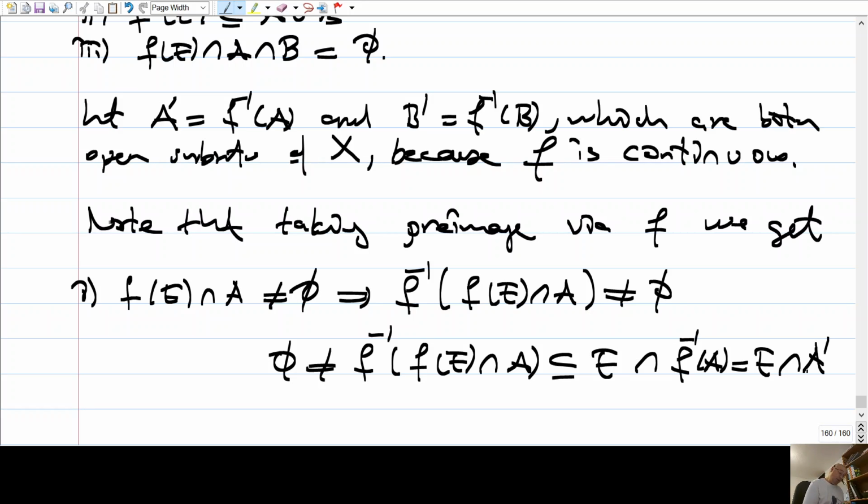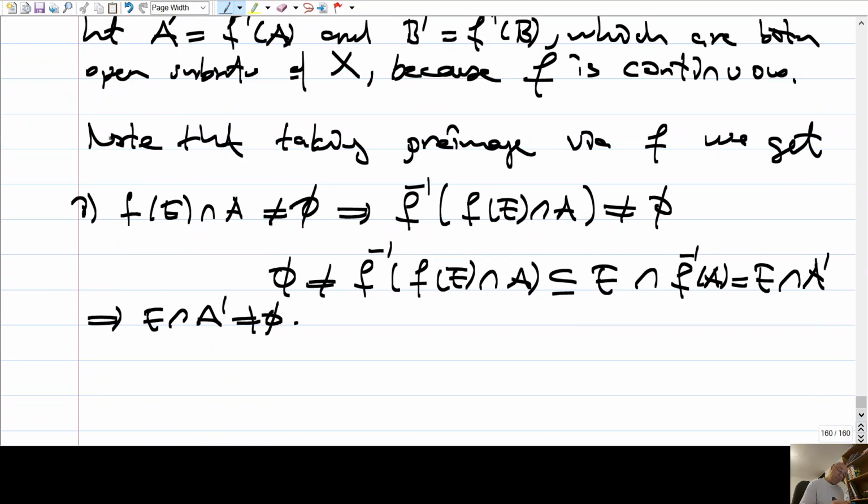So E intersection A prime cannot be empty because it contains this non-empty subset. Similarly, of course, E intersection B prime cannot be empty. We just repeat the same thing.